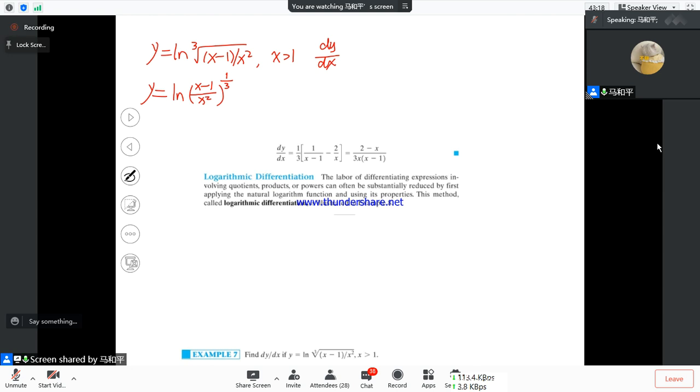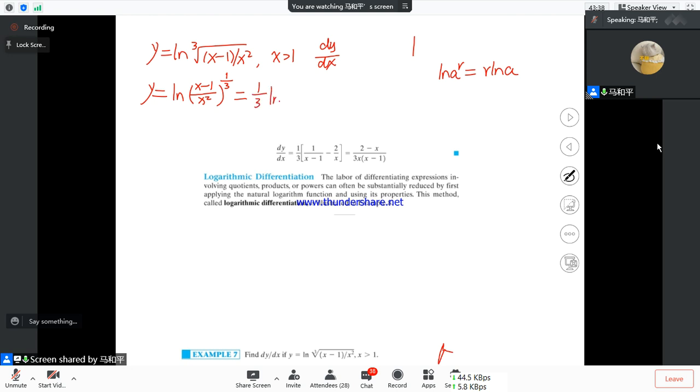And by the first property, we learned that ln A to the power r is equal to r times ln A, right? Here this power is 1 over 3, so we write 1 over 3 ln of (x minus 1) over x squared.